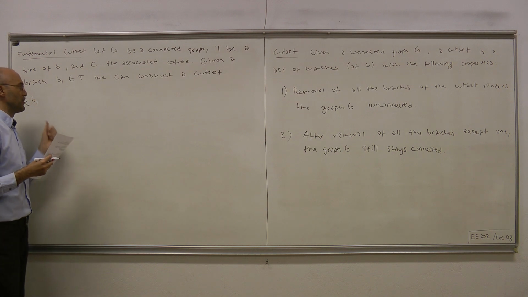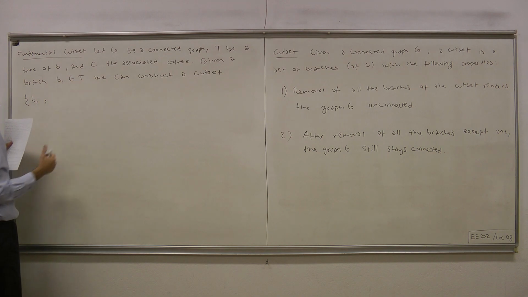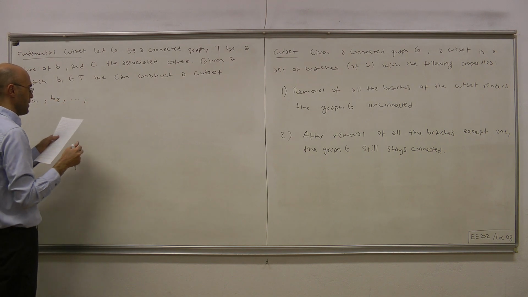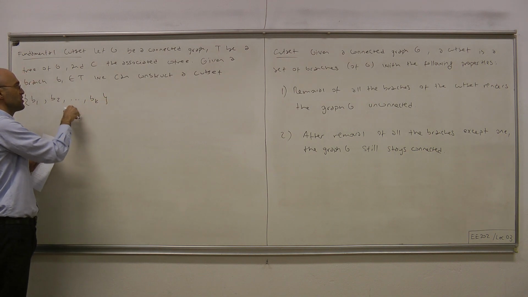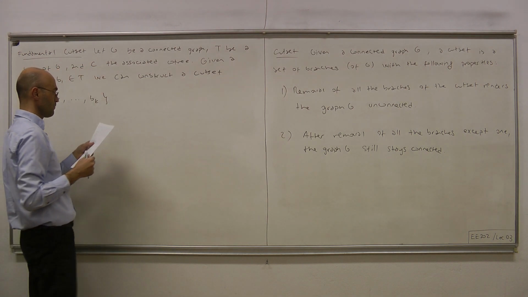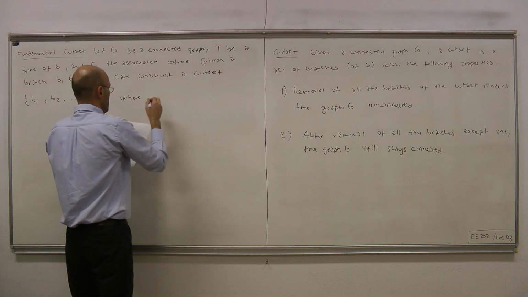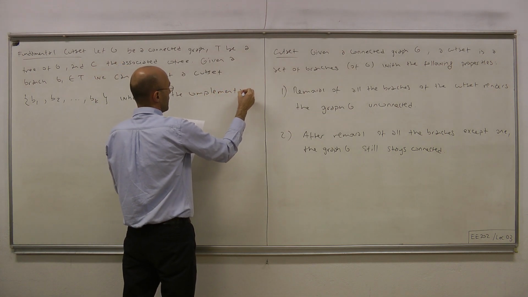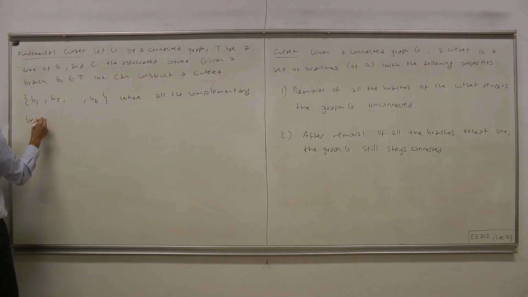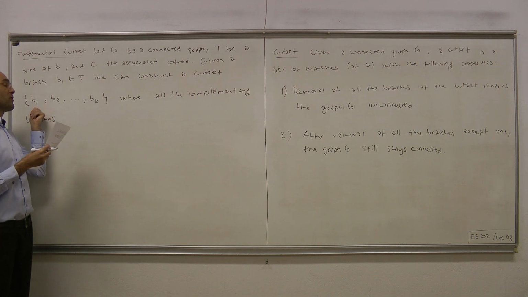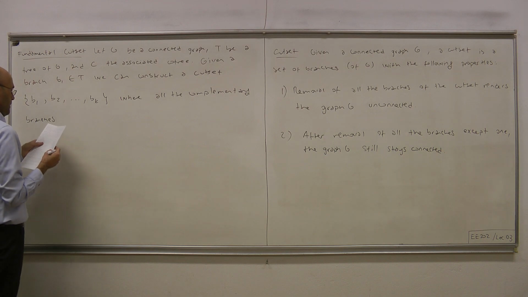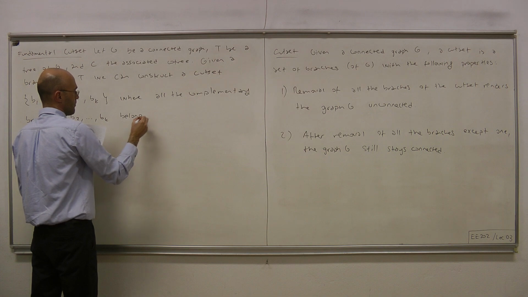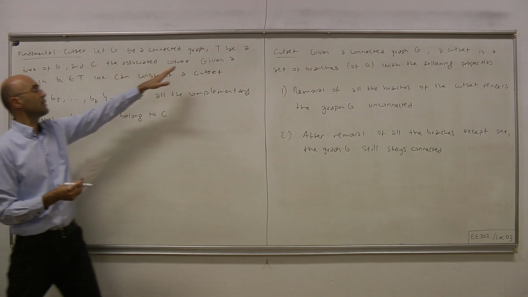The first of the branches in our cutset is B1, the branch that we pick from the tree, and then the other branches are called B2, B3, and so on, up to Bk, where k is the number of branches in our cutset, and all the complementary branches, that is all the branches other than B1, B2 up to Bk, belong to C. So we're given a graph and a tree.